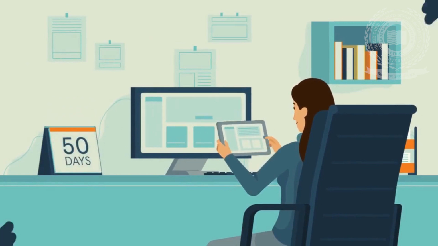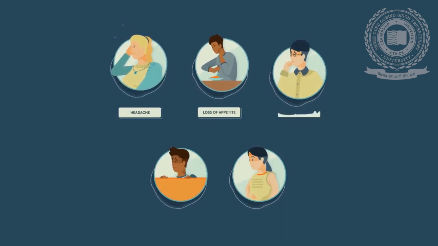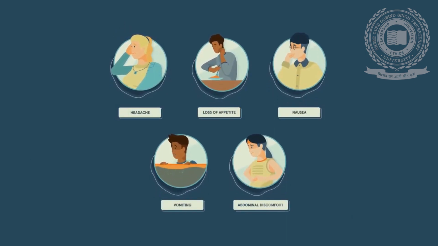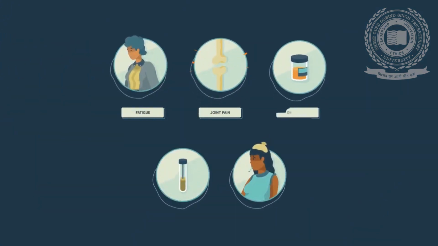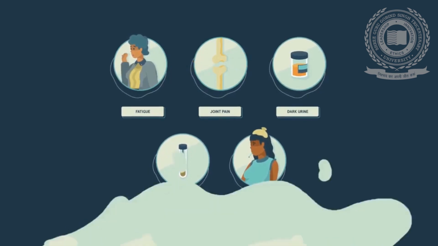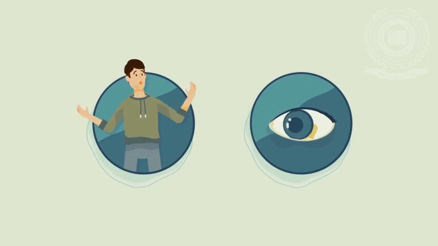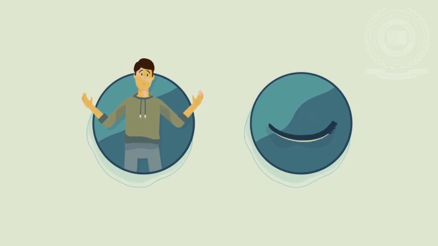The symptoms range from headache, loss of appetite, nausea, vomiting, abdominal discomfort, fatigue, joint pain, dark urine, clay-colored stool, and fever. Jaundice is yellowish discoloration of eyes and mucous membrane, which is the most common feature of hepatitis infection.